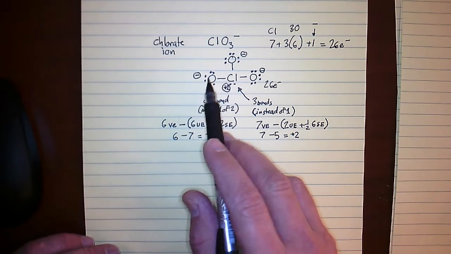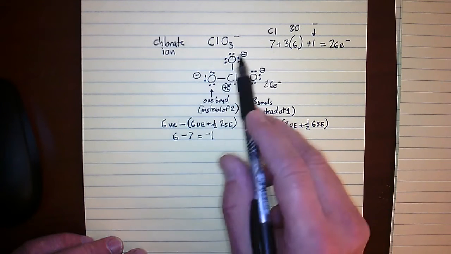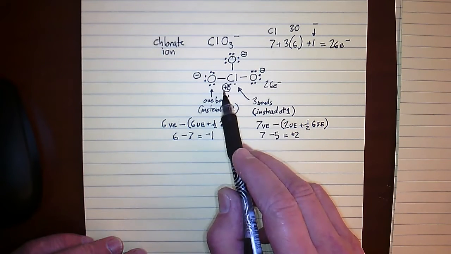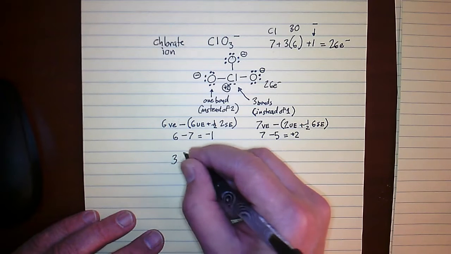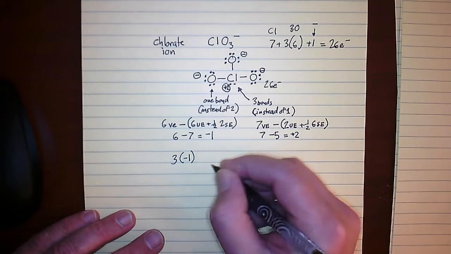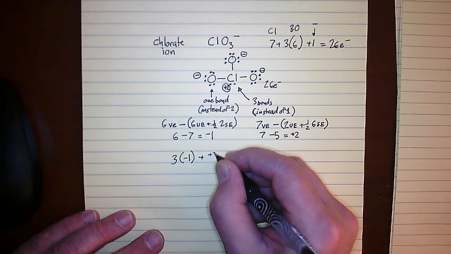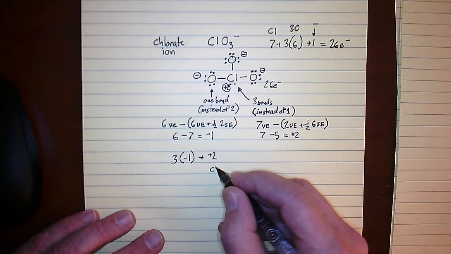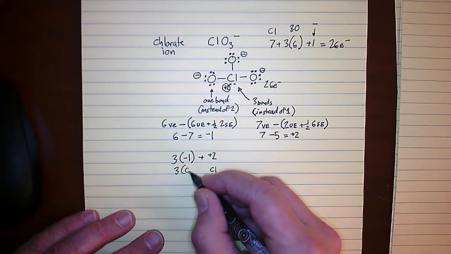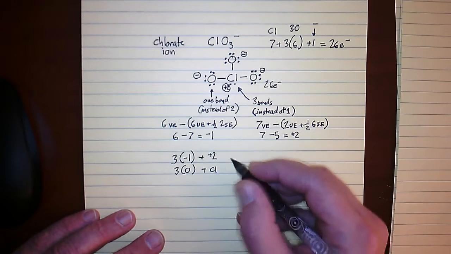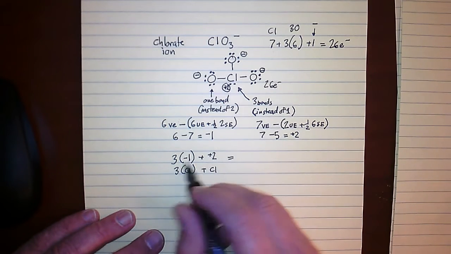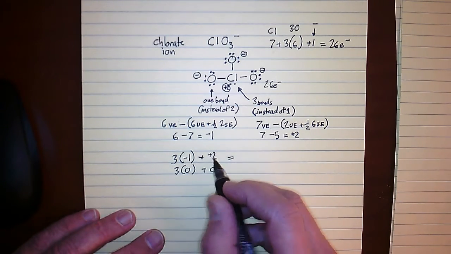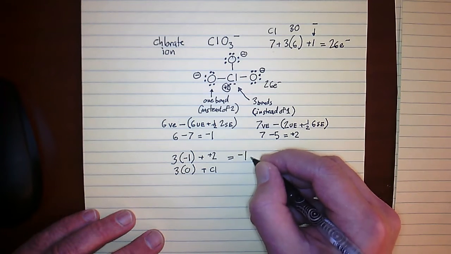Now, one kind of cool thing about this is that we have 3 negative charges and a positive 2. So we have 3 times -1 for the formal charge of the oxygens plus a positive 2 for the formal charge of chlorine. If we do this, we see 3 times -1 is -3 plus positive 2 is -1 overall.